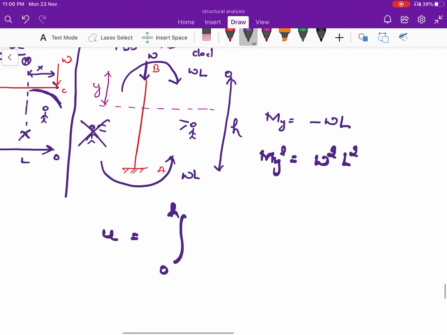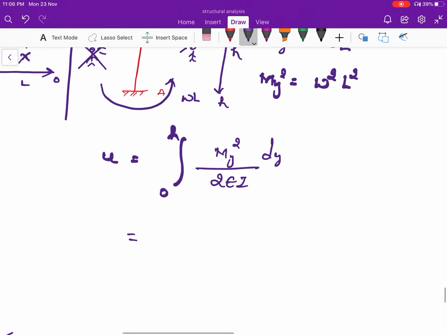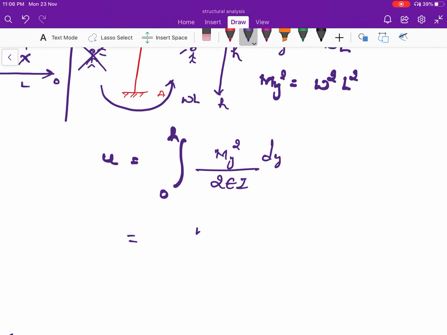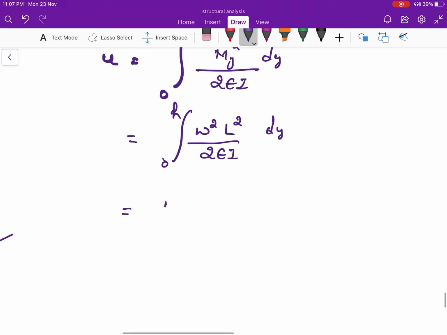If I take this point as O, from 0 to h, M square dy divided by 2EI. So the value of M square is w square L square dy divided by 2EI, 0 to h. Let me take all these things outside.